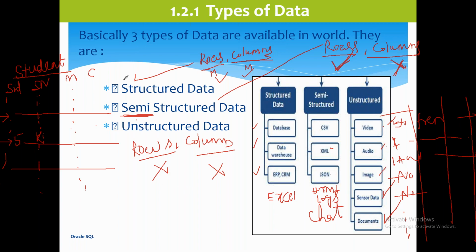So out of all these three kinds of data, which data can we use in our database and data warehouse which we are learning? First one, structured data. If you are upgrading your skill to the next level, big data Hadoop environment, next level of ETL, at that time semi-structured needs to be used, structured plus semi-structured.